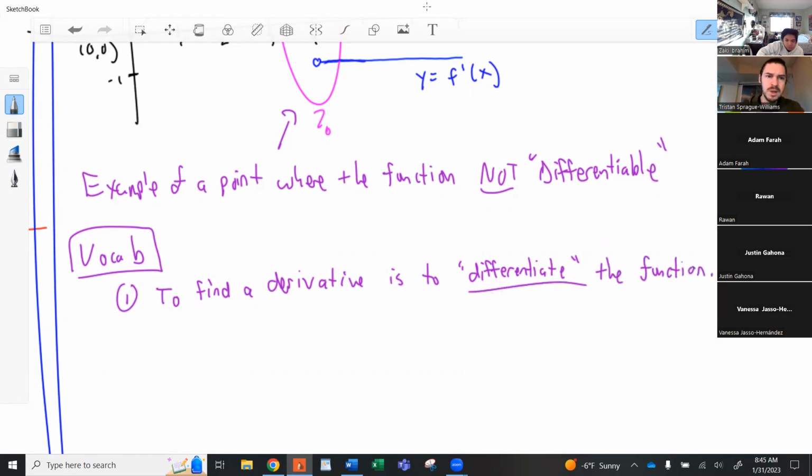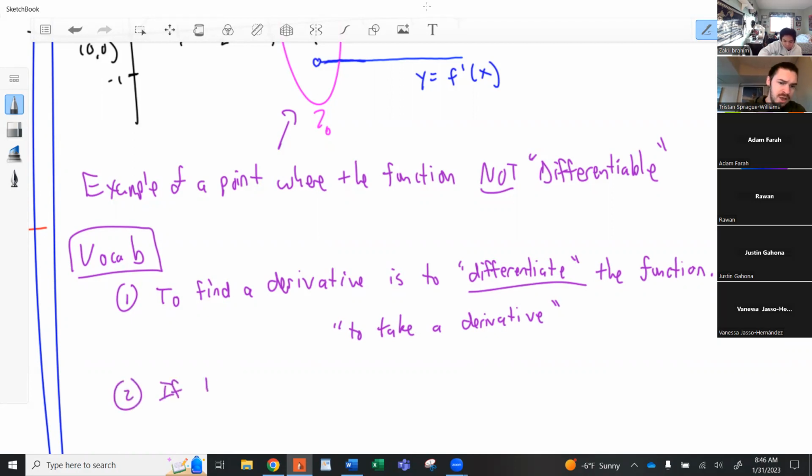Okay, so this is a verb. Differentiate is a verb. It's to do a derivative, to find a derivative. Sometimes you hear the phrase to take a derivative. This is common phrasing. So you'll hear me say this a lot. If we need to take a function and get its derivative for some purpose, I'll say, let's differentiate this function. Okay. So this is something you guys have already been doing.